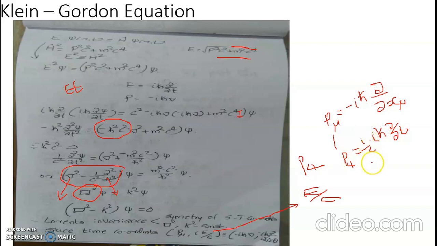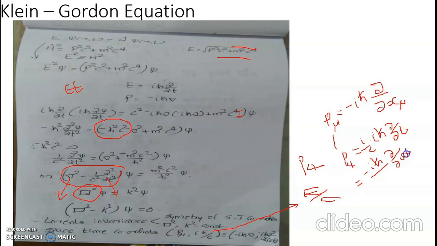So this is equal to minus iħ, and we take this i to the denominator to make ic in the denominator, and we put this ic along with the time coordinate. Then this becomes iħ ∂/∂(ict).